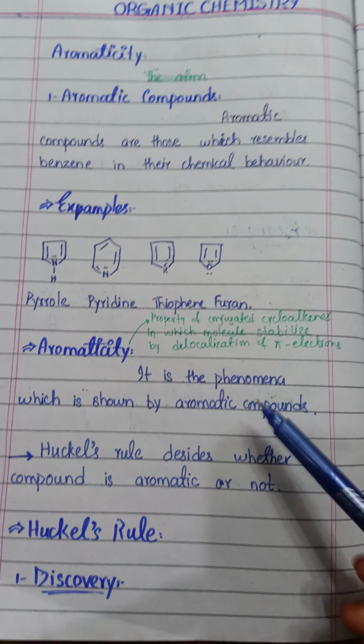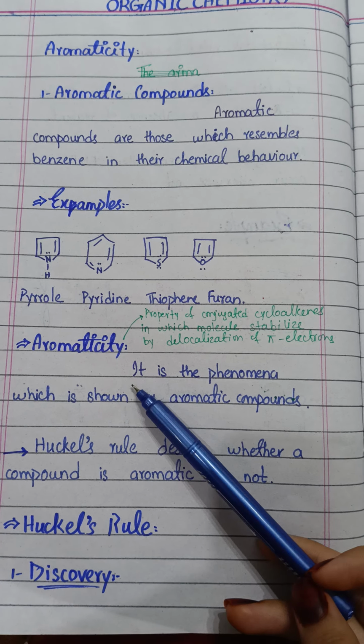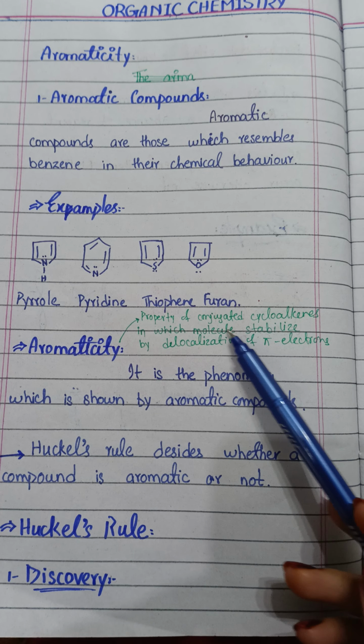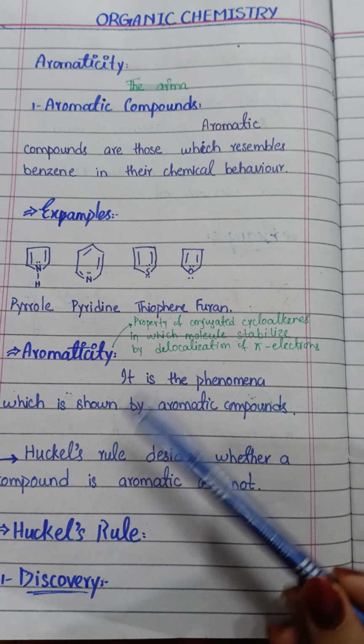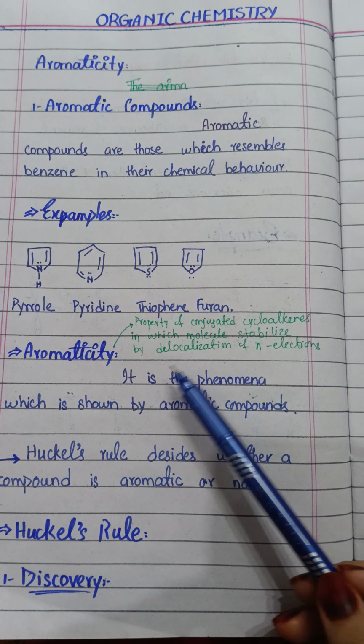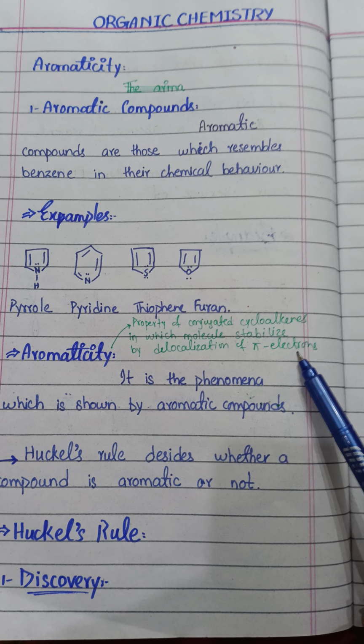So, keep watching. First of all, we define aromaticity: the property of conjugated cycloalkenes in which molecules are stabilized by delocalization of pi electrons.